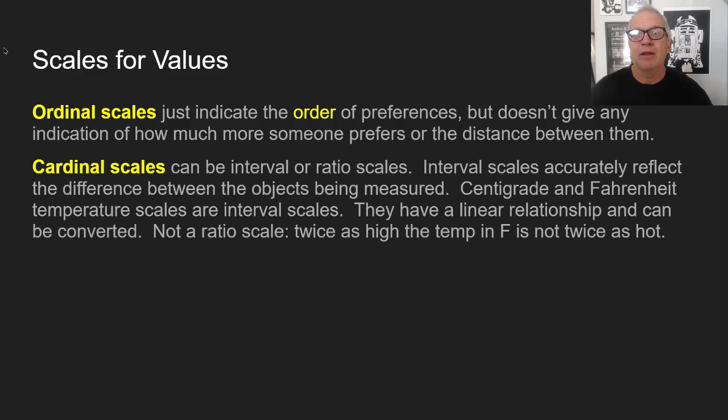Cardinal scales can either be intervals or ratio scales. We won't worry too much about ratio scales in here, but interval scales accurately reflect the difference between the objects being measured. Centigrade and Fahrenheit temperature scales are interval scales, and they reflect the distance between the things we're asking about, the distance between 100 degrees and 0 degrees or something.